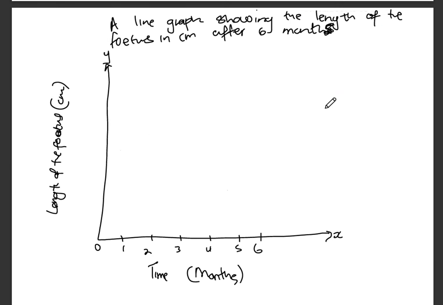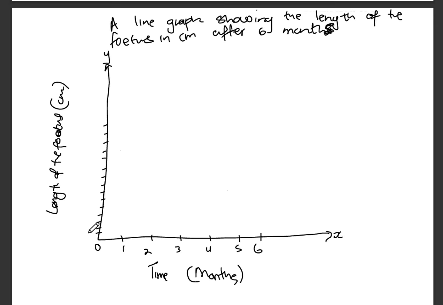Will we get to 30? Okay, let's see: 2, 4, 6, 8, 10, 12, 14, 16, 18, 20, 22, 24, 26, 28, 30. Guys, like I'm saying, I'm not using a ruler. You need to use a ruler to make sure that the spaces between your scale lines are equal.